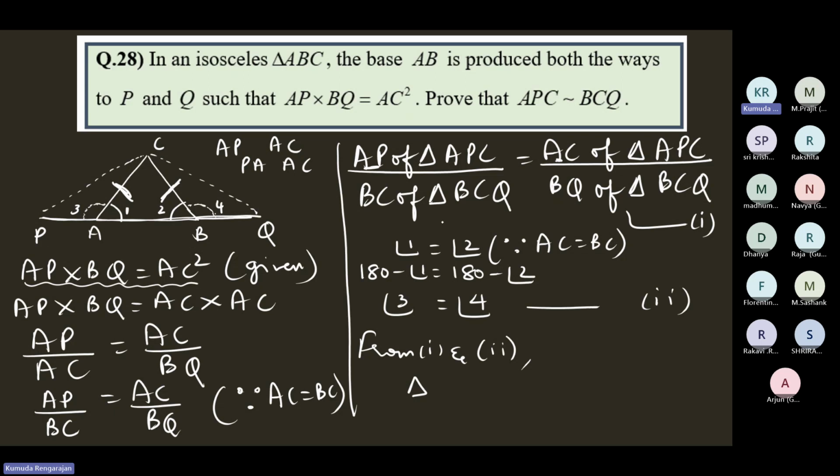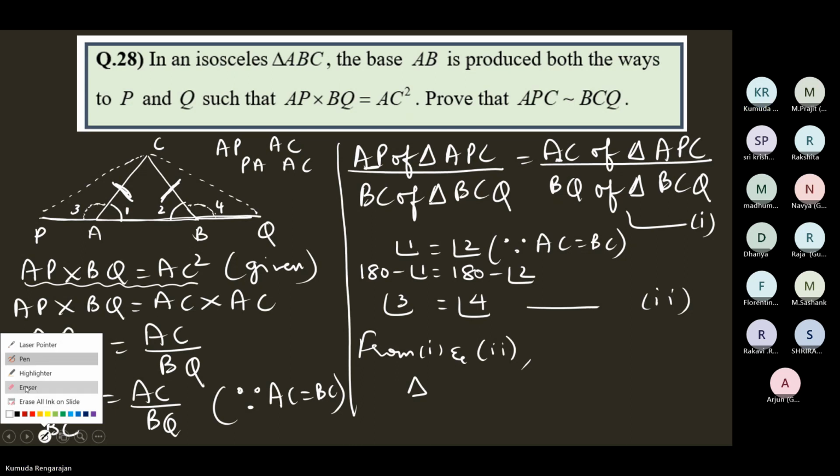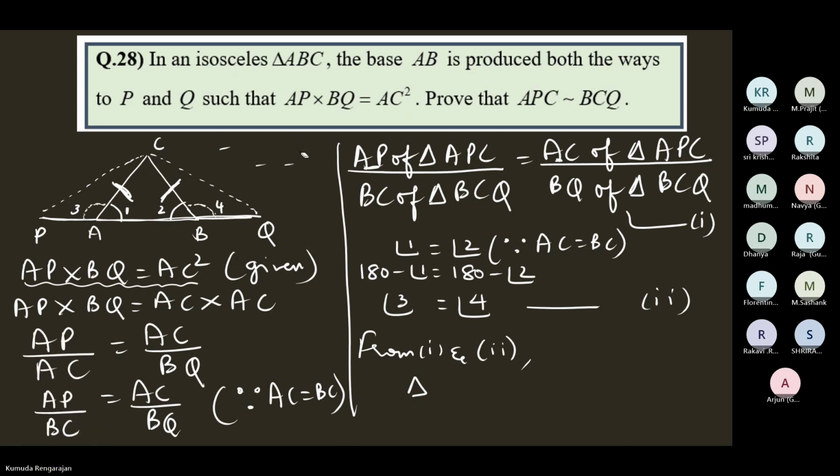And in the other triangle, we have mentioned about BC and BQ. We are talking about the order in which we have to name the two triangles, children. In triangle APC, we have mentioned the sides AP and AC. In these two sides, the letter A is common.